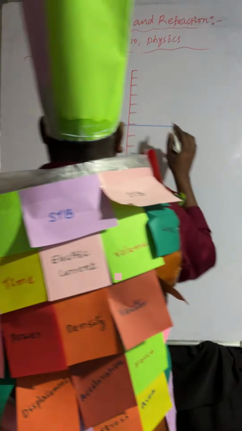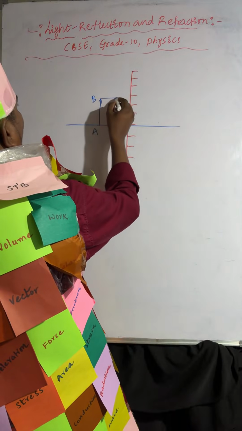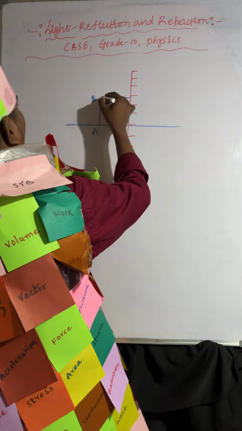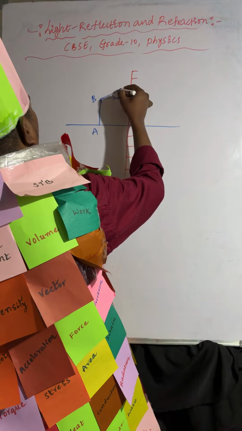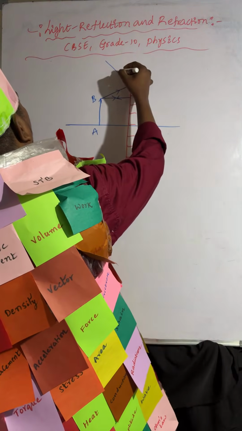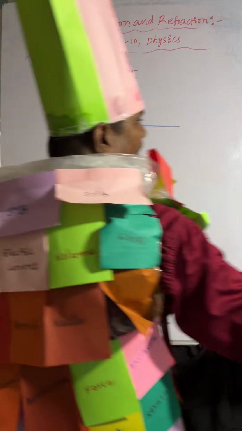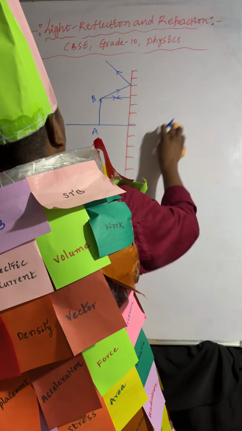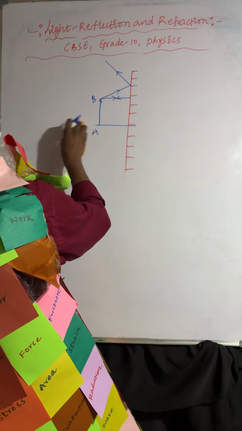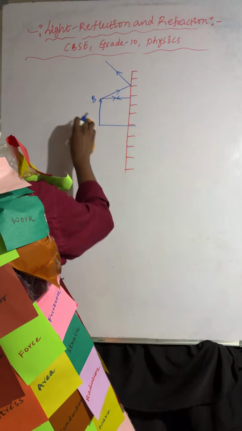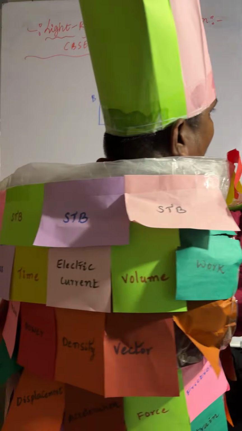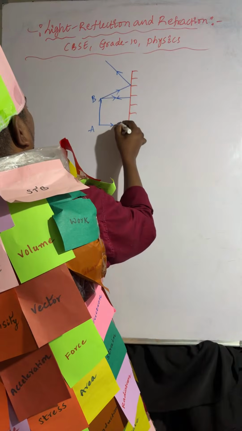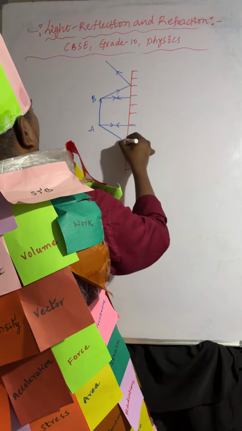So two. One light ray I am taking like this. After reflection, it moves away from it. Another light ray is reflecting back. You can observe here. Another light ray. This is A. And here one more light ray I'm taking.